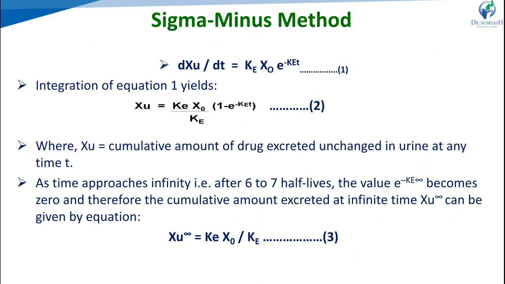At infinity, after 6 to 7 half-lives, the value of e^(-Ket) becomes 0, and therefore the cumulative amount of drug excreted at infinity, Xu infinity, can be written as Xu infinity = Ke X0/Ke.